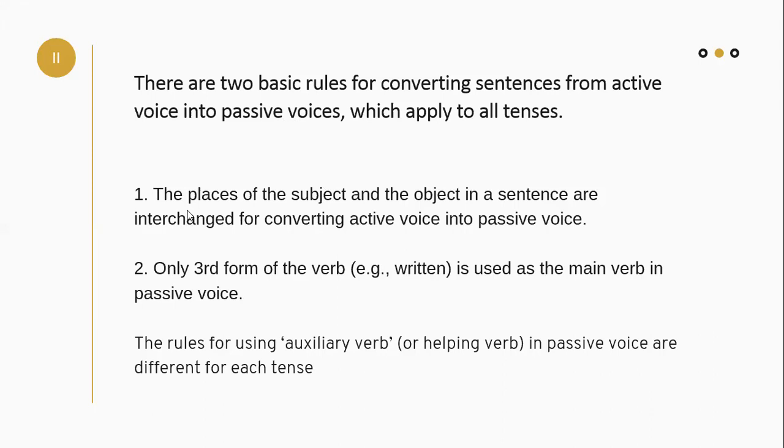The first one is the places of the subject and the object in a sentence are interchanged for converting active voice into passive voice. That means in an active voice sentence, we have the subject, verb, and the object. So then the object comes first, and then the subject is used as a verb in passive voice.